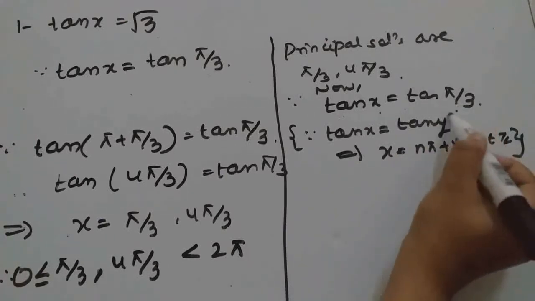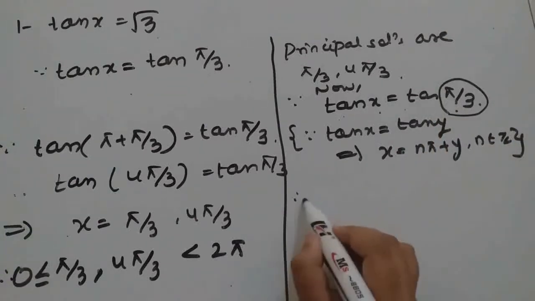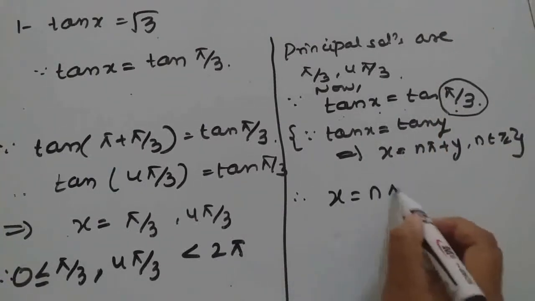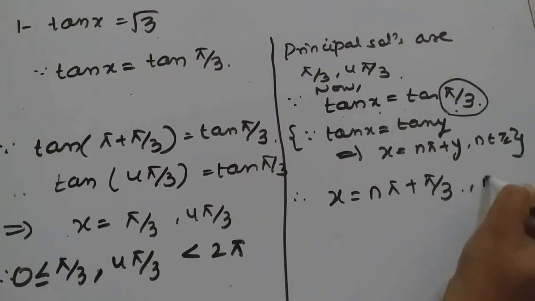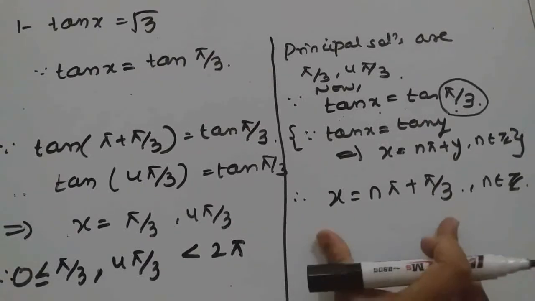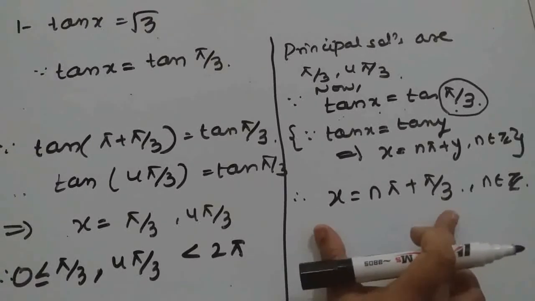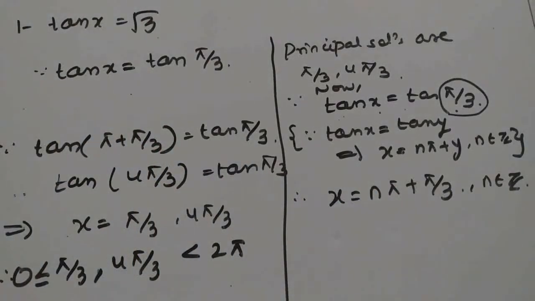So here y is pi by 3, so we will write x is n pi plus pi by 3, n belongs to Z. This is the general solution for the function.